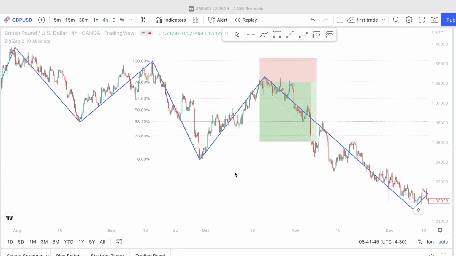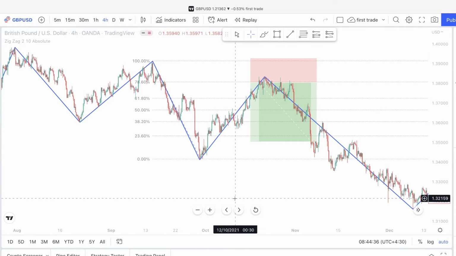The ideology behind this strategy is that if the market hits the stop loss, the trend is almost reversed and the stop loss is always below a very important key level. Let me explain it better.